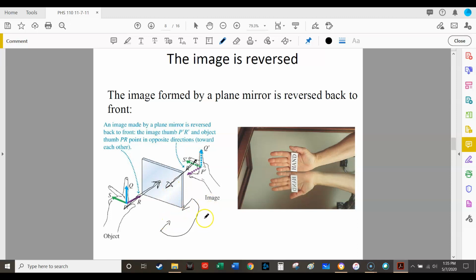So your perspective is changed by 180 degrees in a mirror. It basically reverses your perspective from front to back along the Z direction, which is in or out of the mirror.